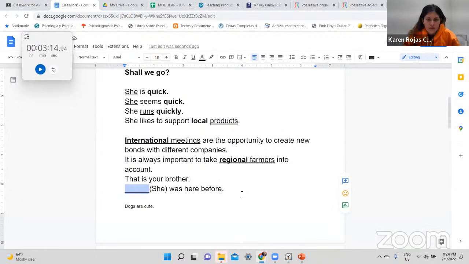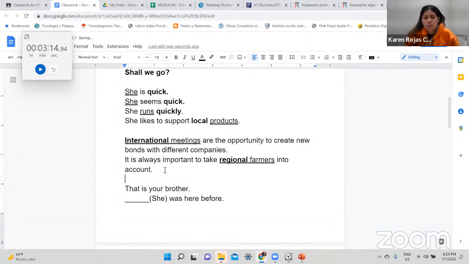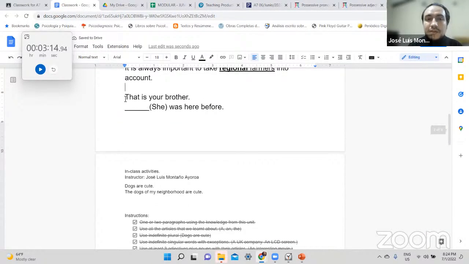Oh, these two sentences are connected. Yes, yes, sir. There you go. The 2 sentences are correct. That is your brother, one says, period. And then here you have to say possessive, okay? So it has to be one of the 2 types of possessive.